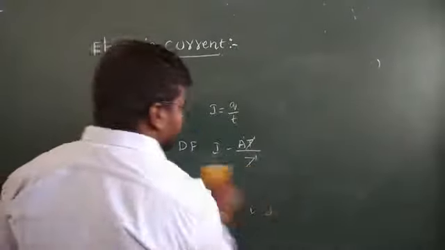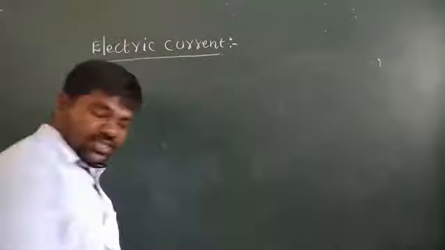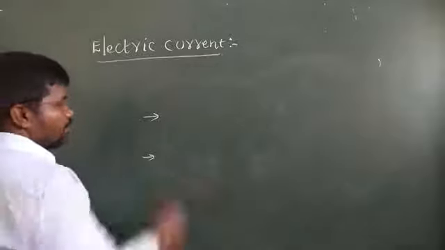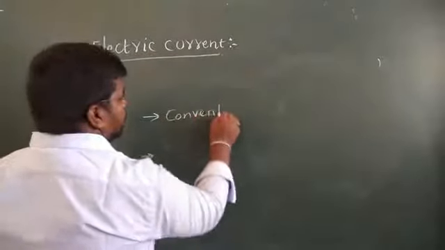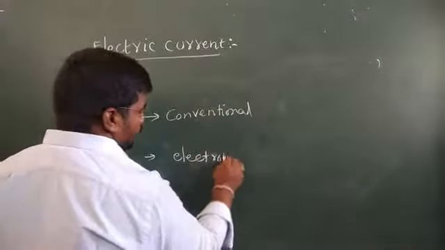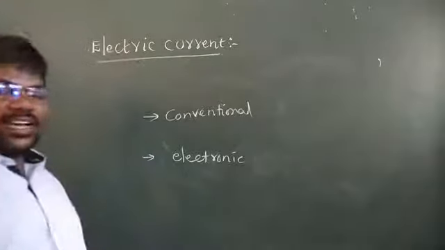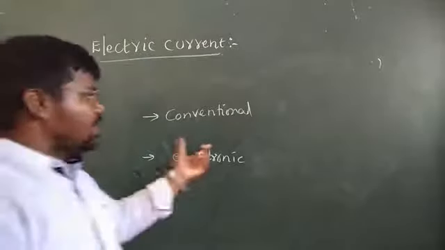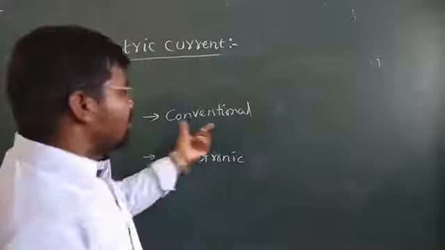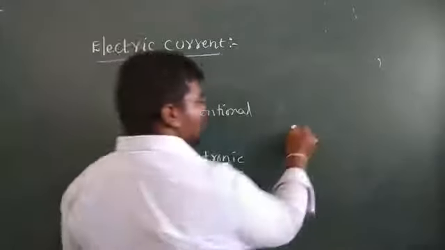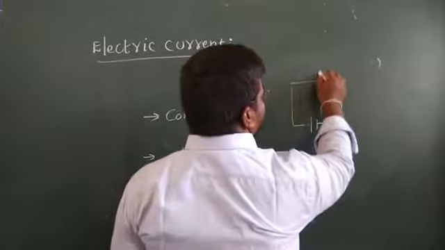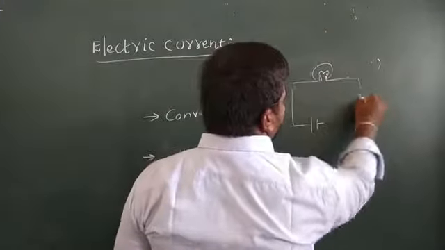Coming to the direction of electric current, we have two types: conventional current and electronic current. In any electric circuit, the conventional direction is the current passing from the positive terminal of the battery to the negative terminal of the battery.